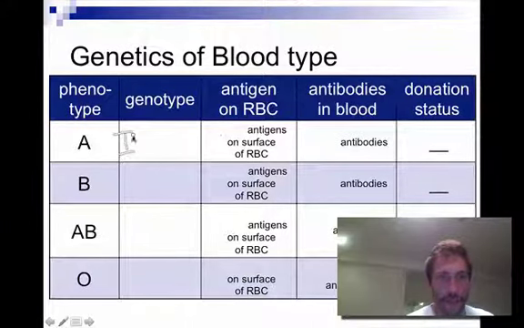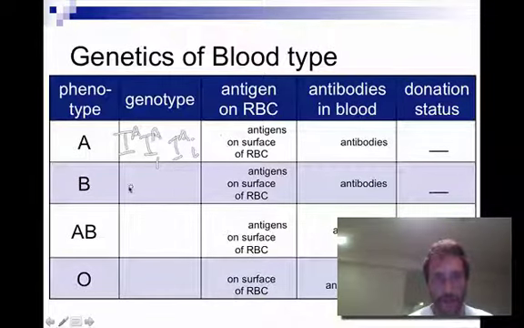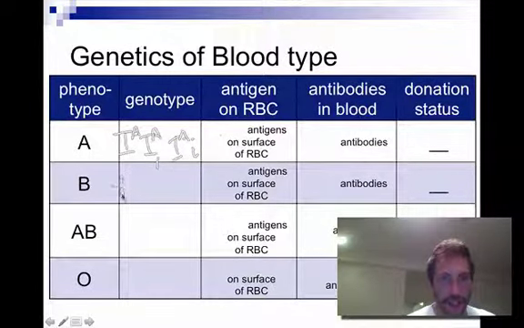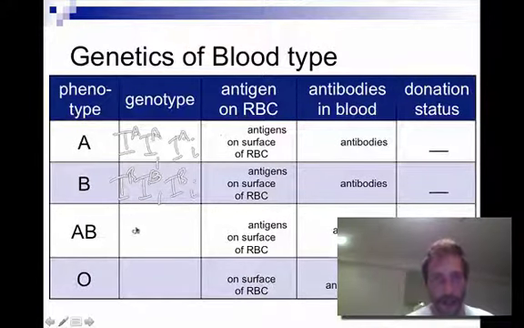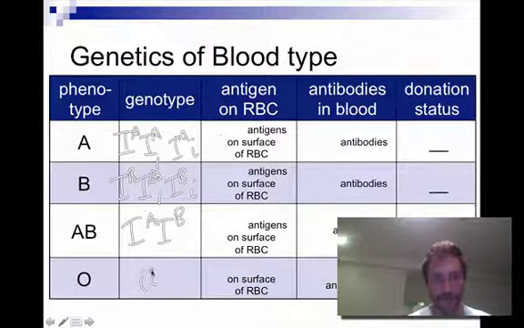Type A blood is going to be either IAIA or IAi. Type B blood is going to be similar, IBIB or IBi. Type AB is only IAIB, and type O is only ii.